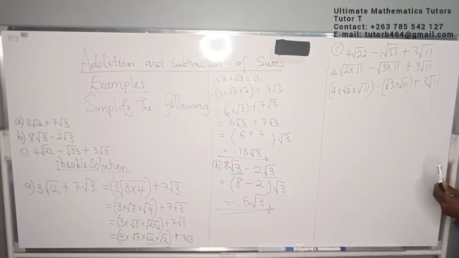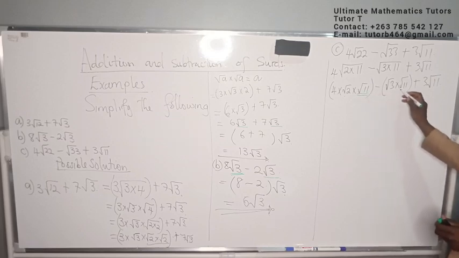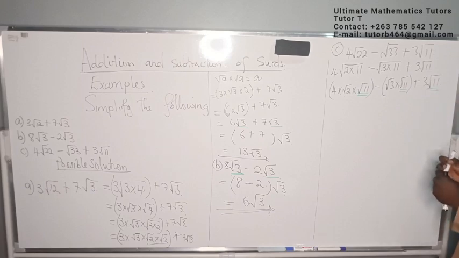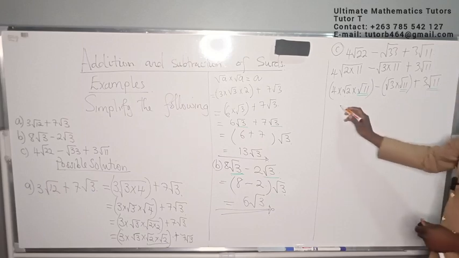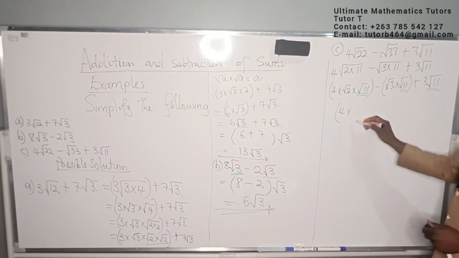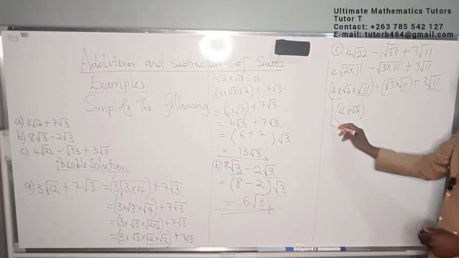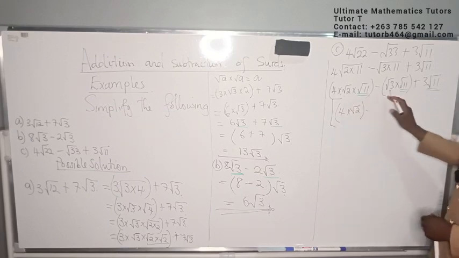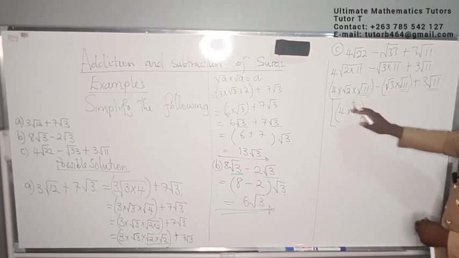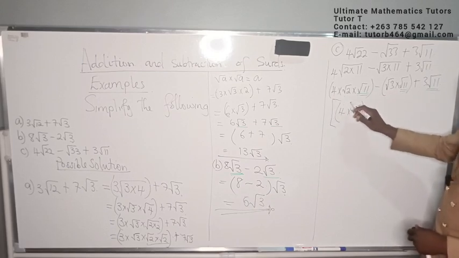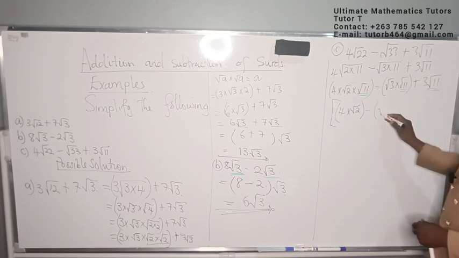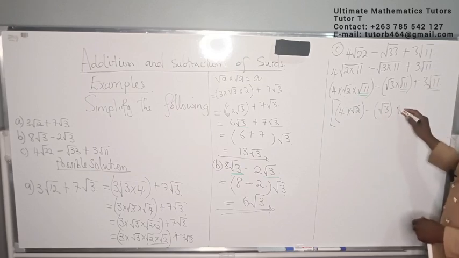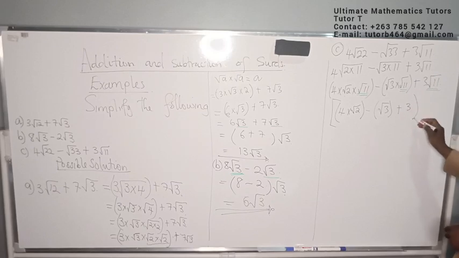Now we need to factorize. What is common here? We've got root of 11, root of 11 and square root of 11. Now open your bracket. We're left with 4 times root of 2. Close that bracket. Then minus, since we have got different expressions here, we're left with root of 3, and we're also left with 3.